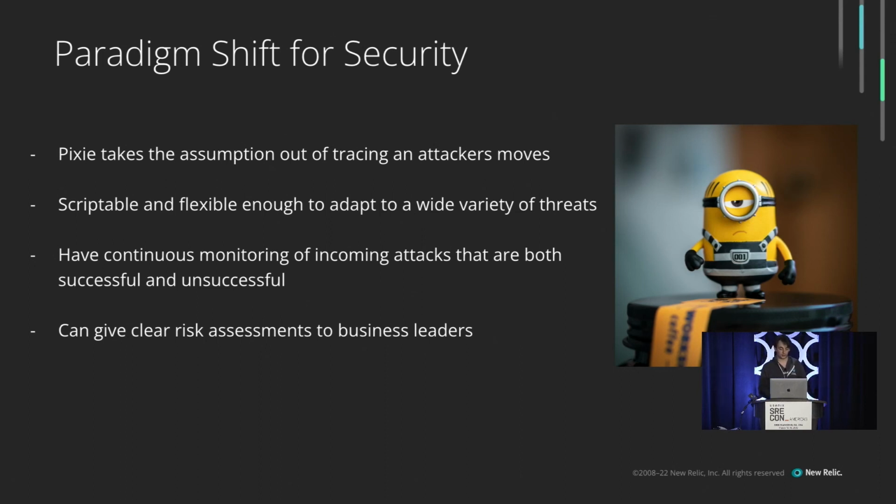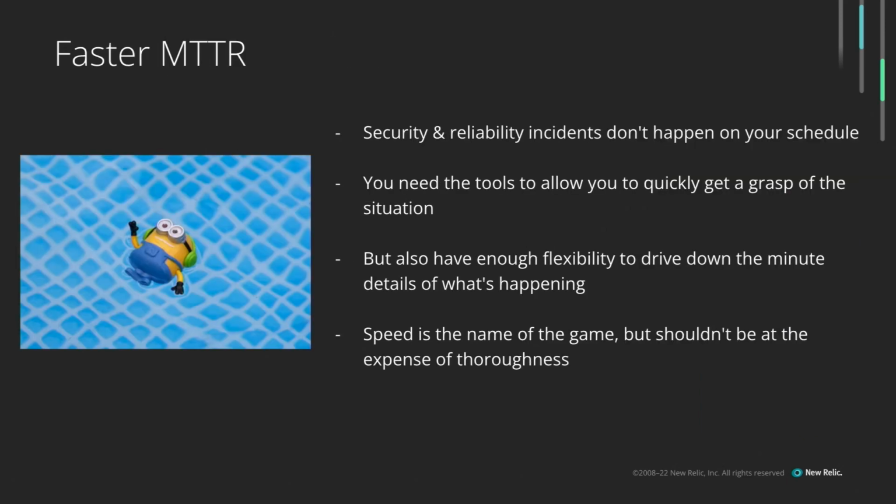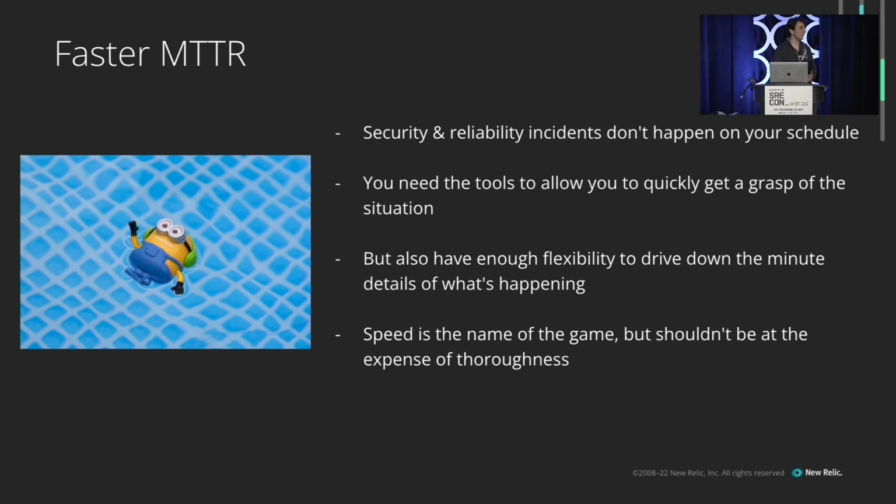And to tie this in with how it relates to reliability: a security incident inherently means there's something unreliable happening. An attacker is exploiting something. It's not great, and it does not happen on your schedule. As much as I would love to go tell an attacker I'm taking vacation this week, you can't really do that.